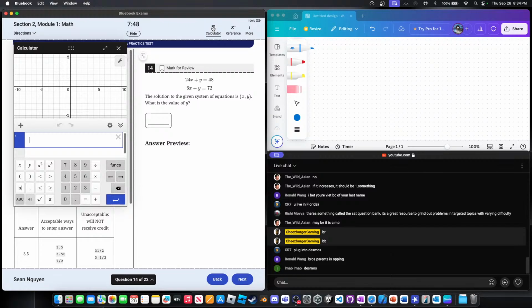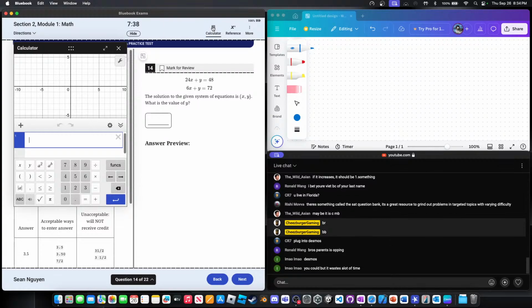48. 6x plus y is equal to 72. I'm gonna separate y plus 72. No, I'm gonna separate x. Sorry guys. 6x is equal to negative y plus 72.